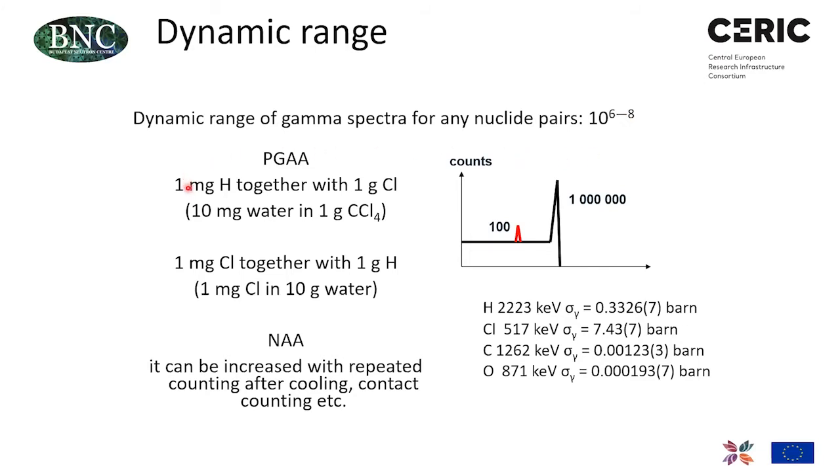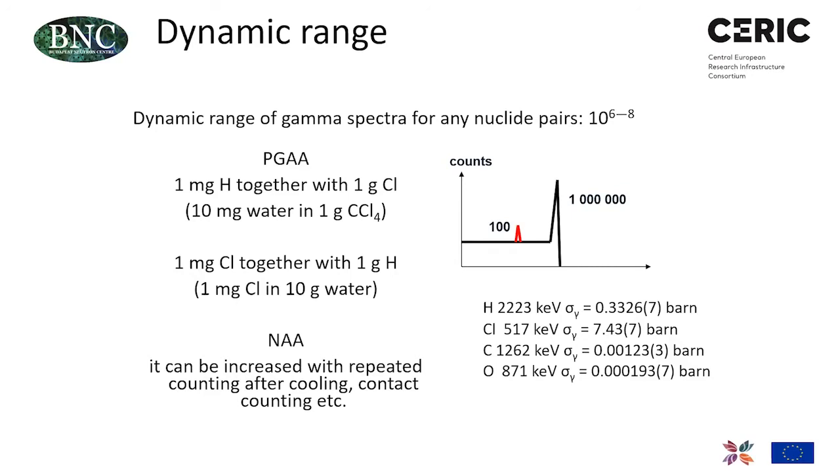So that means we can measure, say, 1 milligram of hydrogen in 1 gram of chlorine, and we can do the reverse thing. But if you count it in units of atoms, it's not completely equal.